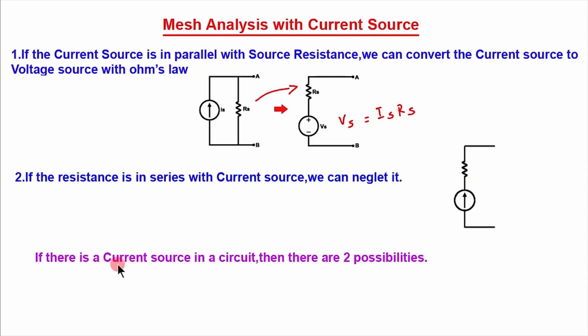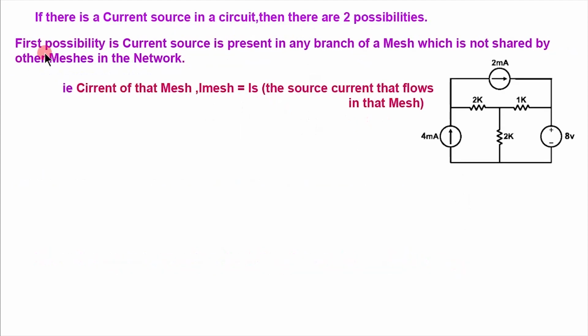If there is a current source in a circuit, there are two possibilities. The first possibility is that the current source is present in any branch of a mesh which is not shared by other branches in the network. See here, this 2 milliampere current source is in this branch of mesh 1, but this current source is not shared by either mesh 2 or mesh 3.